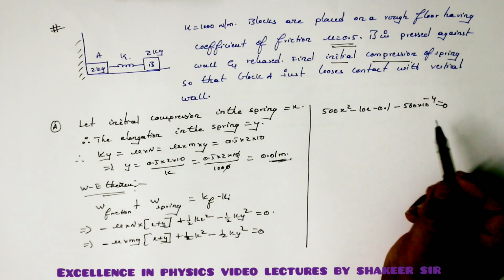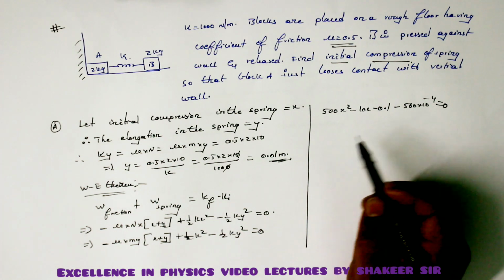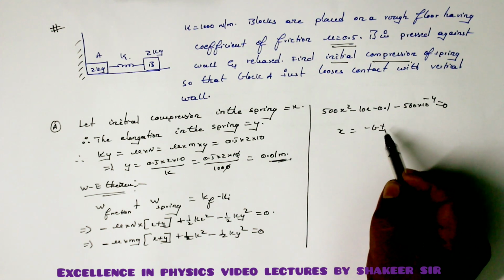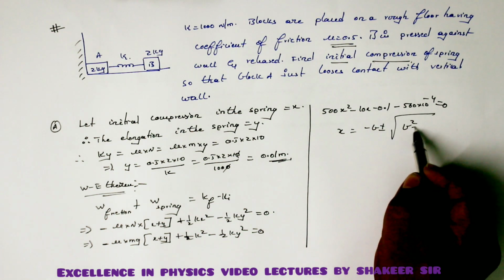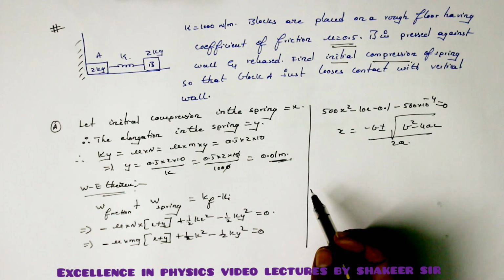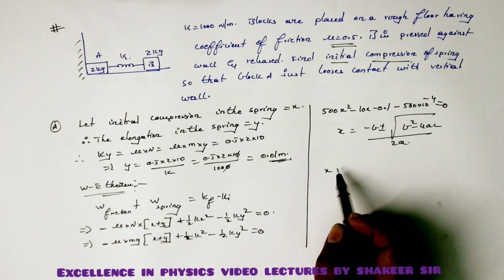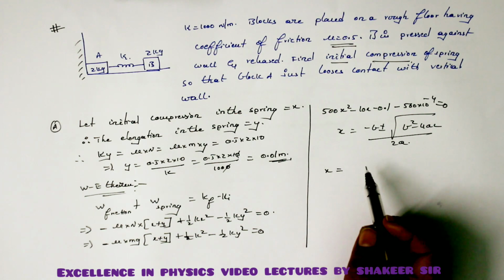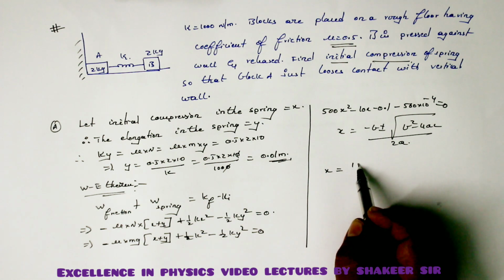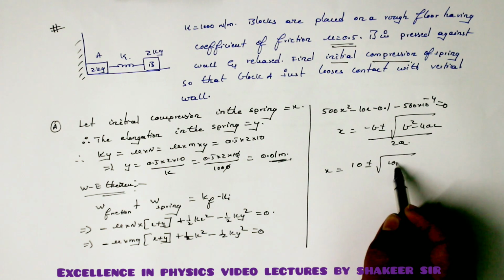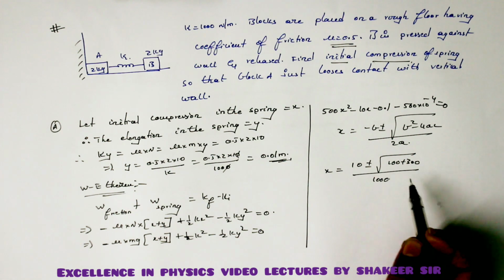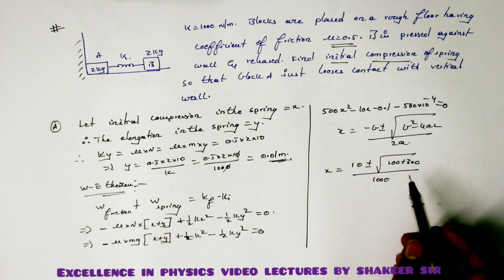Now this is a quadratic expression, and I can find the roots by using x is equal to minus b plus or minus square root of b square minus 4ac, divided by 2a. If I substitute all the values, then x will be 10 plus or minus square root of 100 plus 300, divided by 1000. I hope you can do this calculation.